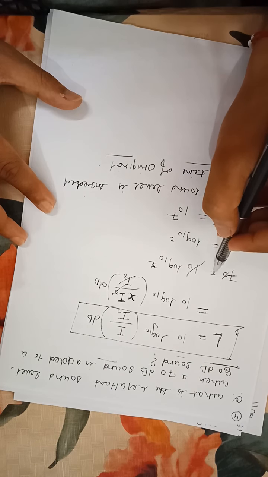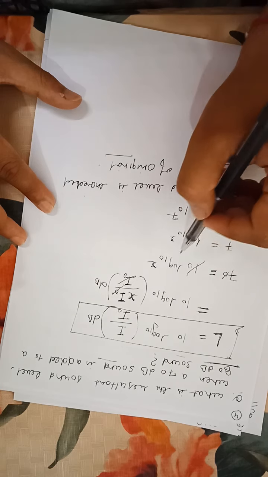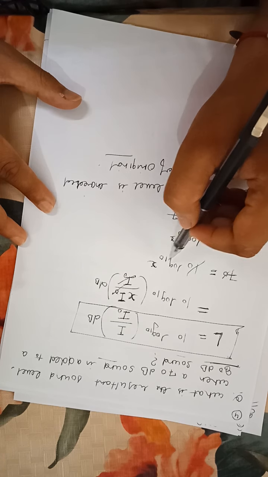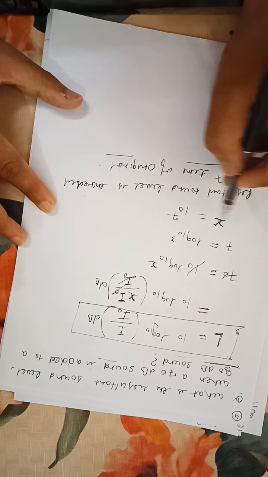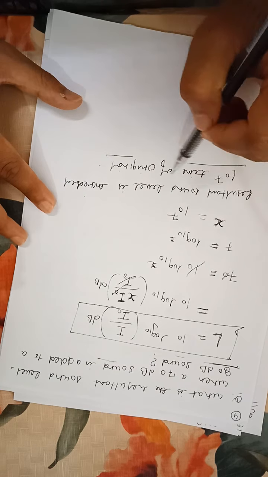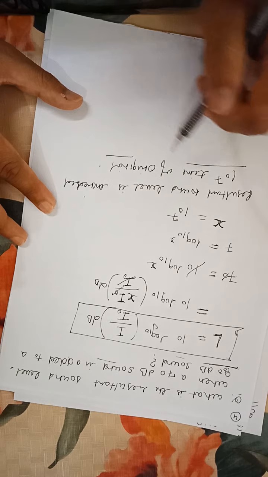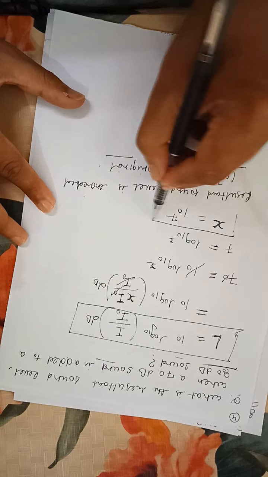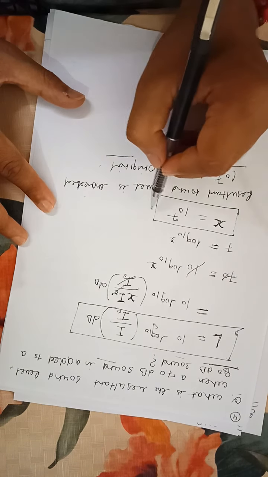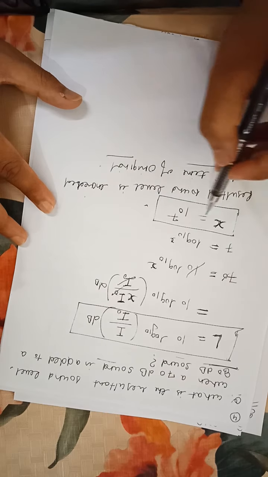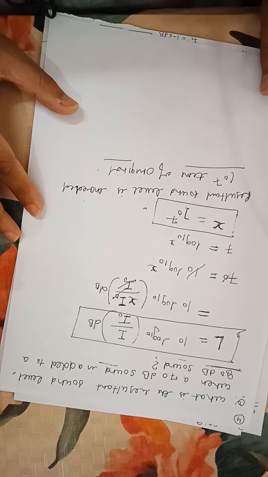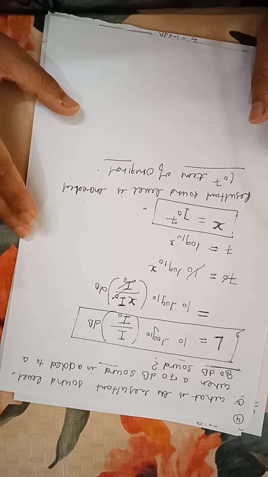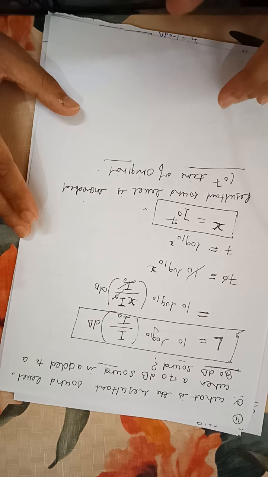So 70 is equal to, we put it into the formula 10 log 10 x, and so the resultant sound level is increased in times of original. So our intensity or sound level is increased by 10 to the power 7. So this is also a method to solve the resultant sound level.